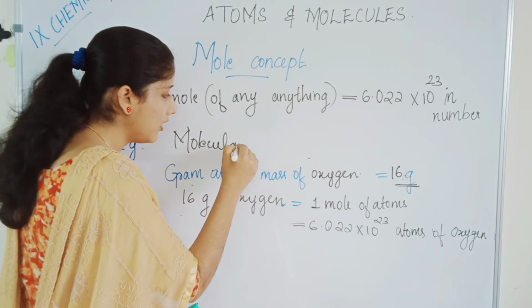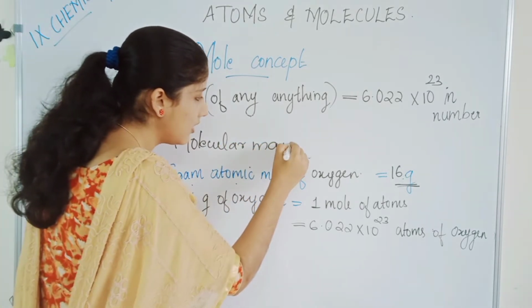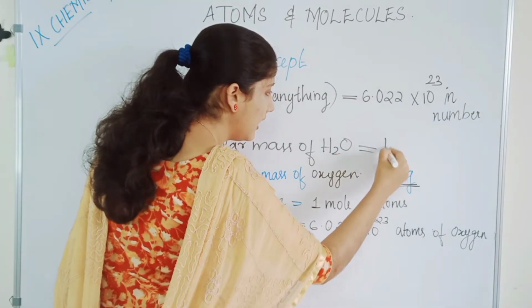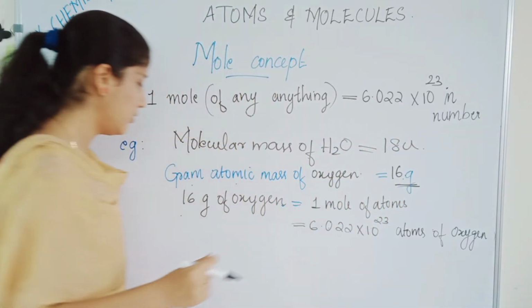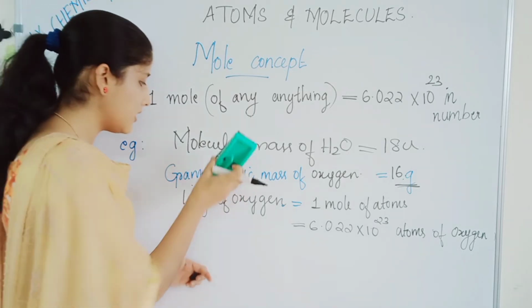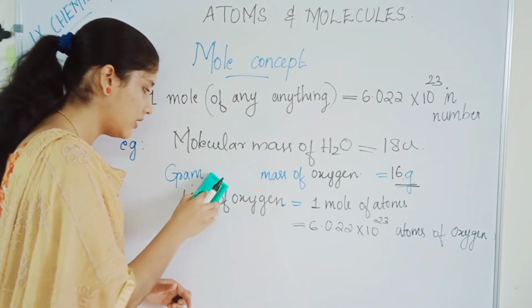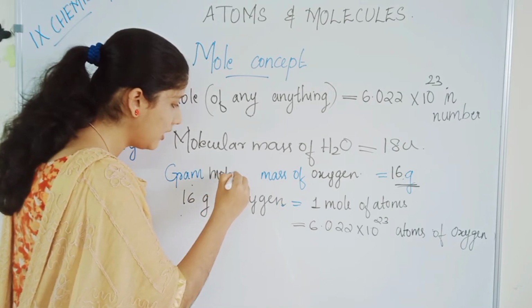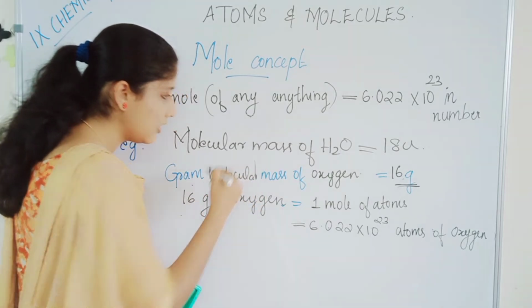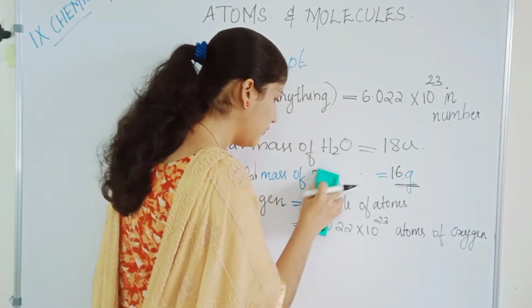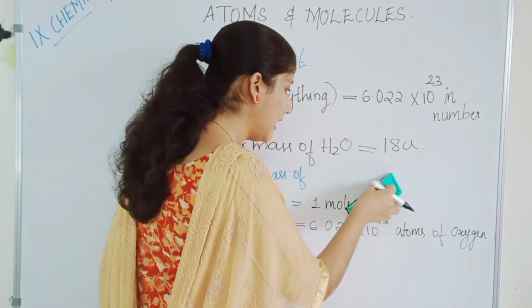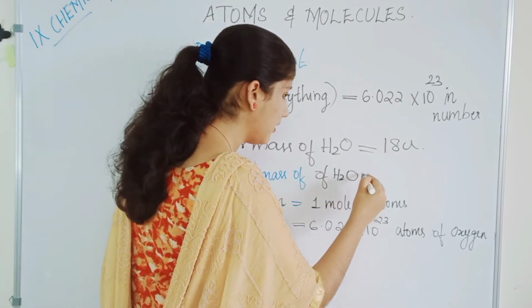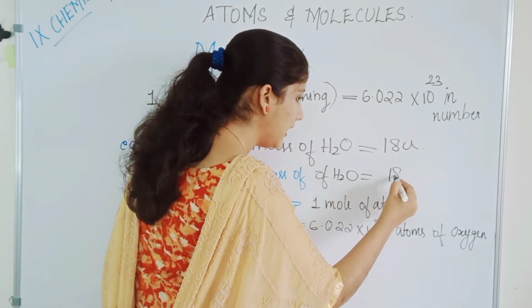So the molecular mass of H2O is equal to how much? 18 U. Gram molecular mass of water is 18 gram.